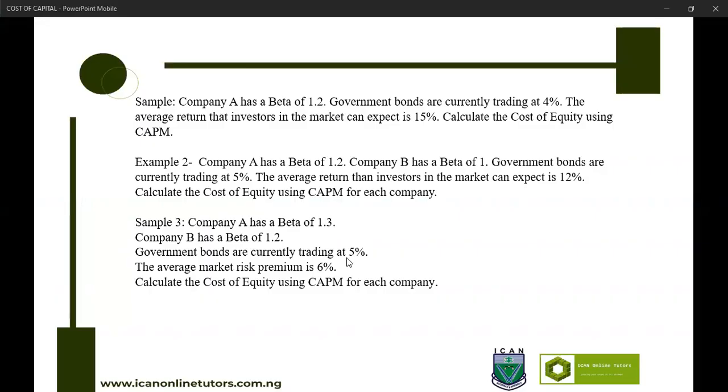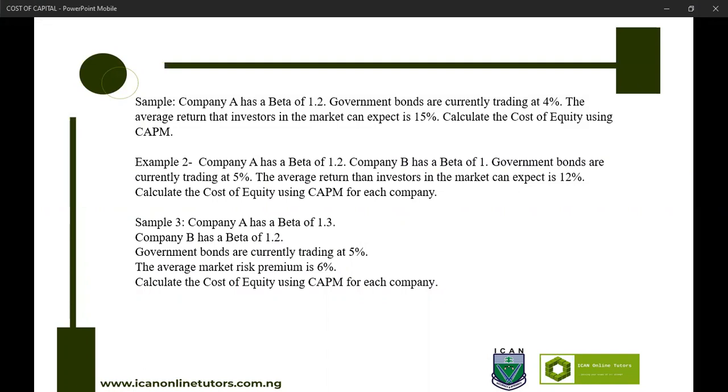Sample 3. Company A has a beta of 1.3. Company B has a beta of 1.2. Government bonds are currently trading at 5%. The average market risk premium is 6%. Calculate the cost of equity. Now, what happened here? We don't have the RM.